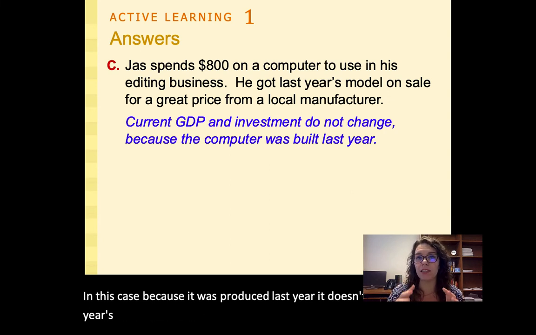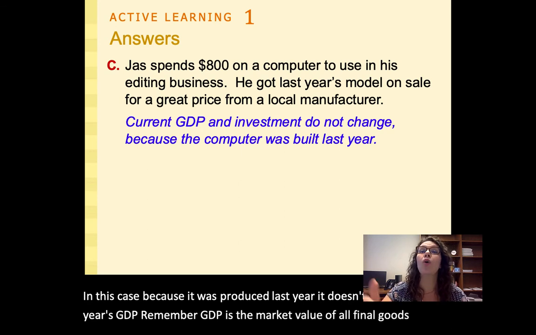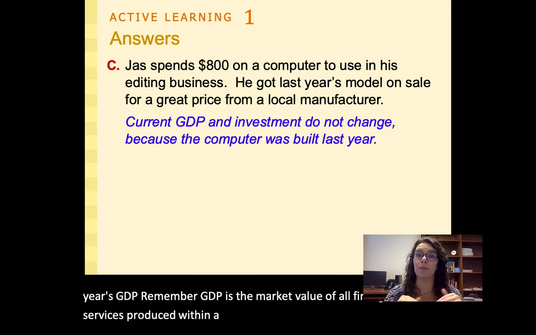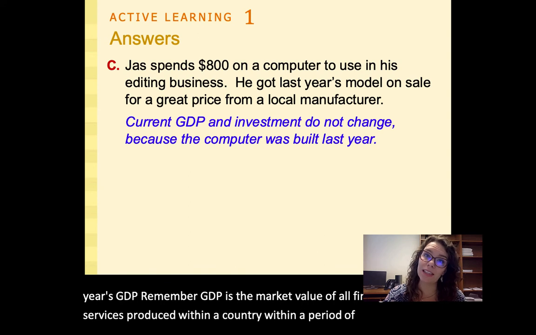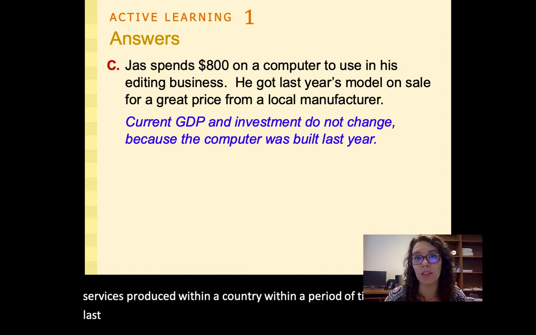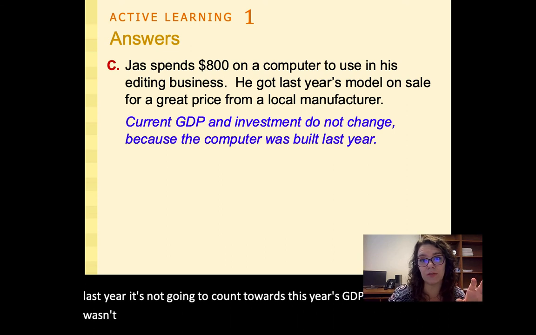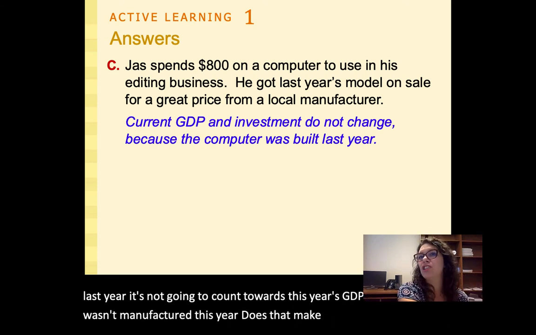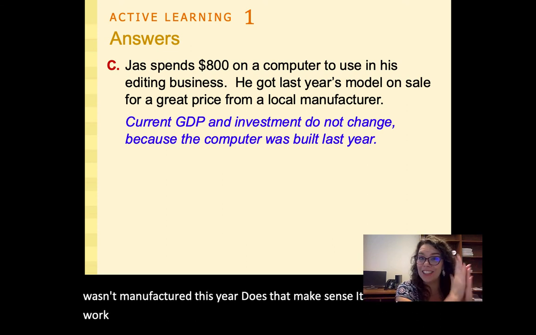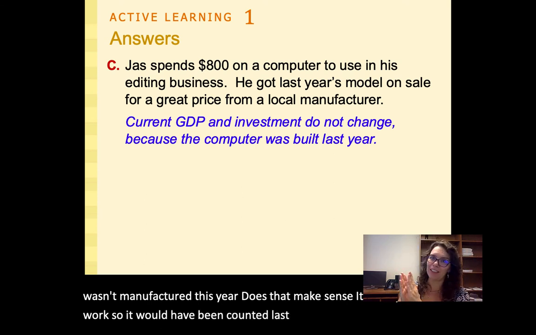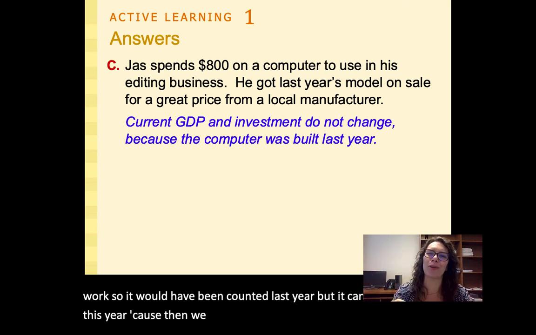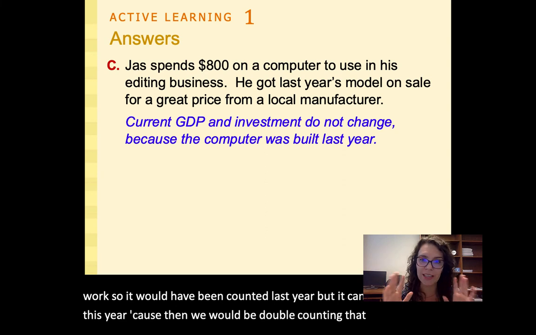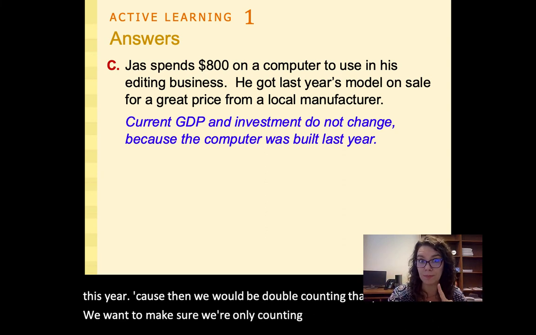Remember, GDP is the market value of all final goods and services produced within a country within a period of time. If it was built last year, it's not going to count toward this year's GDP because it wasn't manufactured this year. Does that make sense? It's last year's work. It would have been counted last year, but it can't be counted this year because then we would be double counting that productivity. And we want to make sure we're only counting things once.